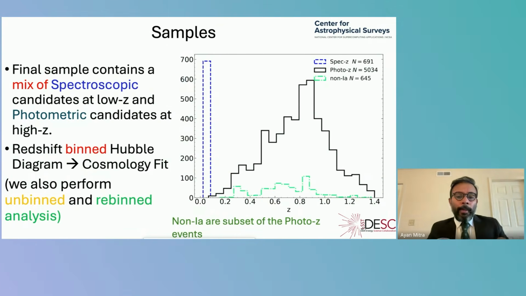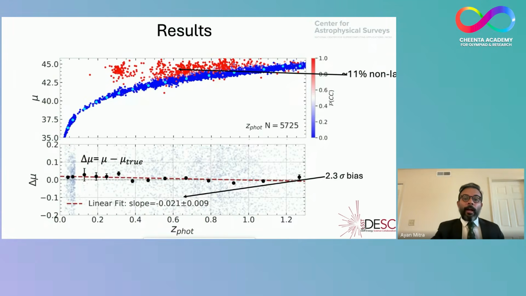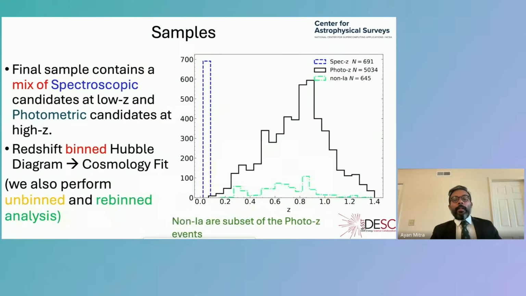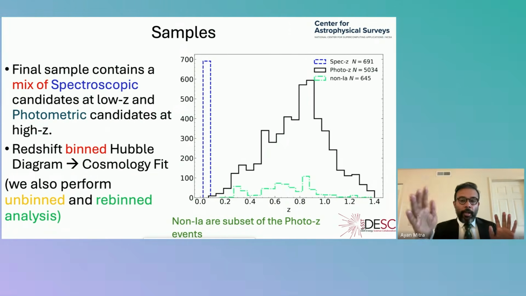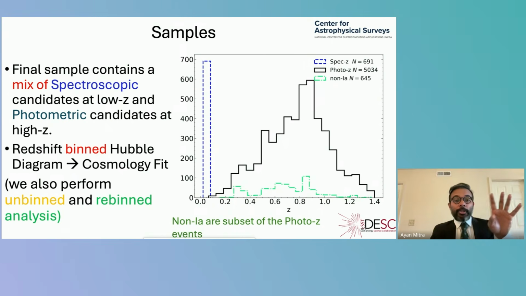So basically, this is how the distribution looks as a function of redshift, with the number of objects on the y-axis. The redshift per supernova is mostly from 0 to 1.4 in our case, and it generally peaks around 1. So it's now a mix of spectroscopy and photometry.